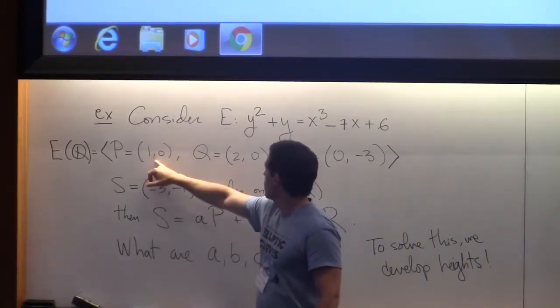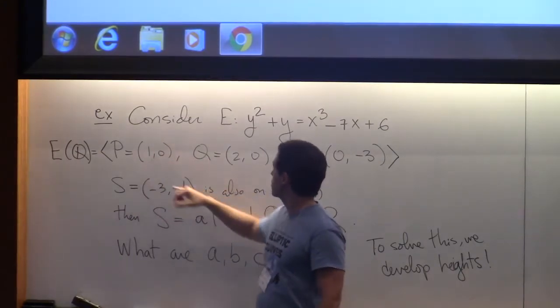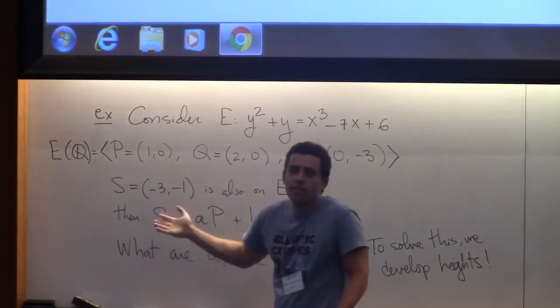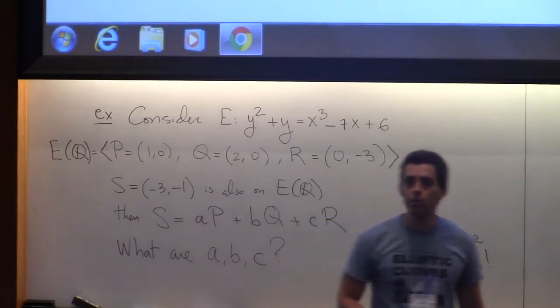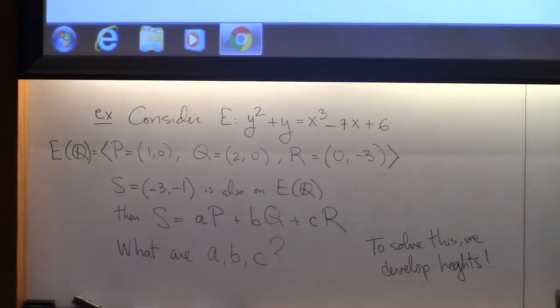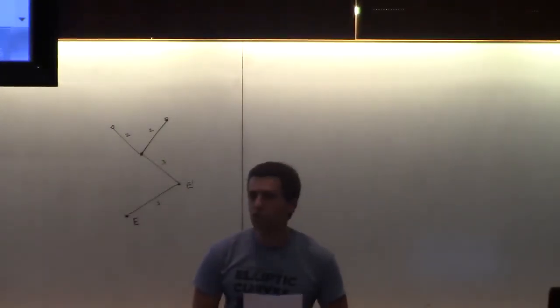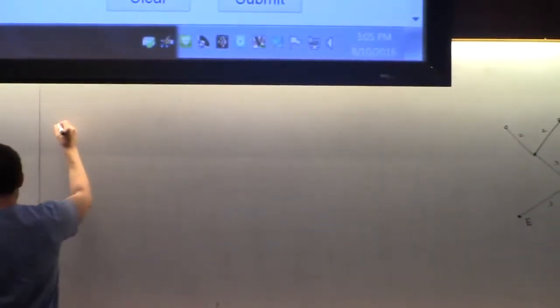This is bigger than that one because I have a 3 and a 1, and there's a 1 and a 0, a 2 and a 0, and a 3 and a 1 is not very compelling evidence there. But that's also what happens. If you add 2 points, you get something of higher height. So we're hoping that using height, somehow, is going to unlock the secrets of how addition works. And it does. So let's define heights as follows.